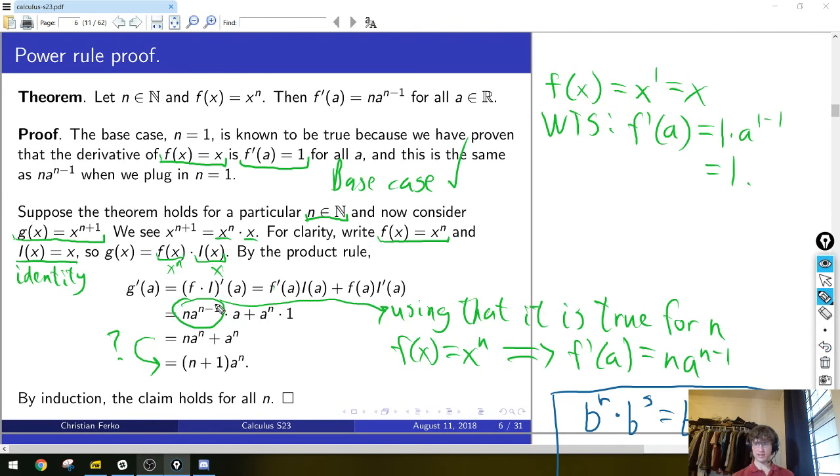Exactly. So a is b, and then r is n minus 1, and s is 1, so n minus 1 plus 1 is n. So that's this piece. Good, okay. So second line to third line was using that same base, different powers addition rule. Do you see how I went from the third line to the fourth line?